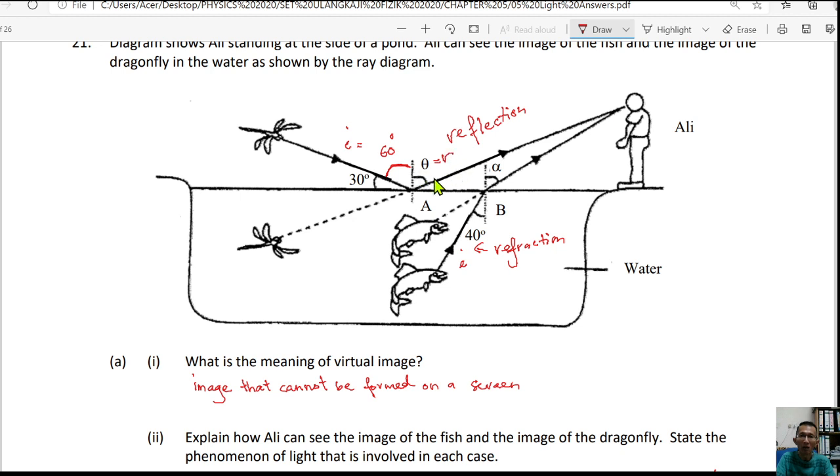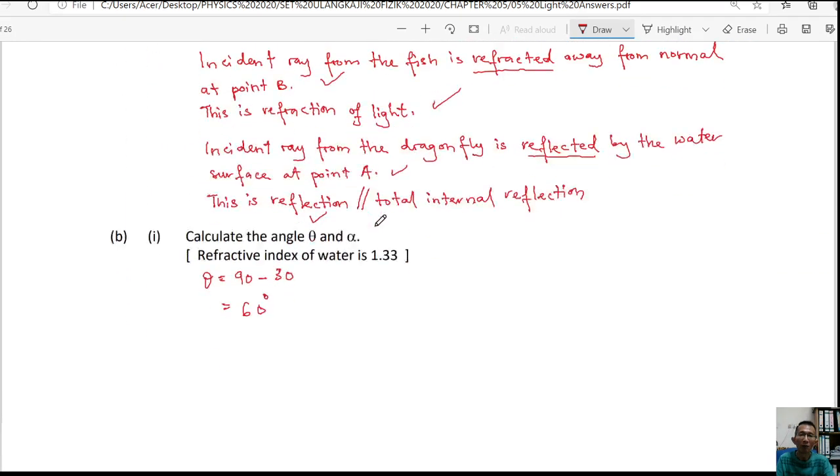So our R must equal 60, because the law of reflection, hukum pantulan, says that I must equal R. So this theta must also be 60 degree. So that is our theta.